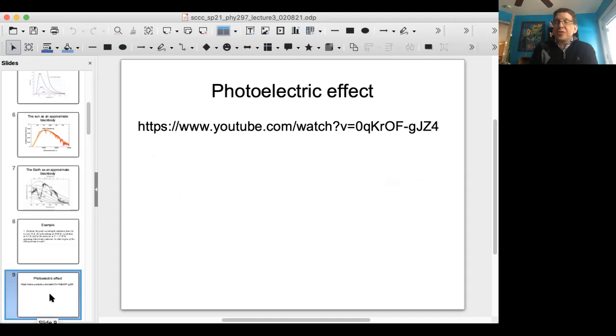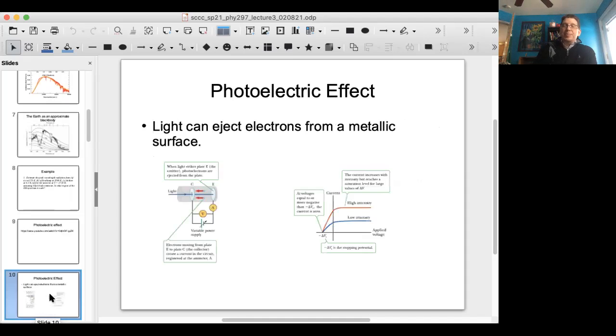And so the photoelectric effect was explained by Einstein. This is actually what he got his Nobel Prize for. It was not for special relativity. So the basic phenomenon that was observed was you can shine light on a substance and get electrons, and get a current to result.